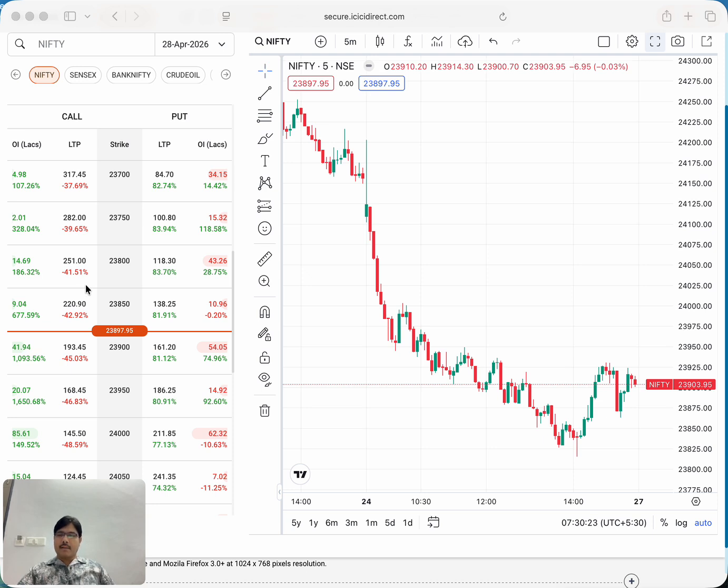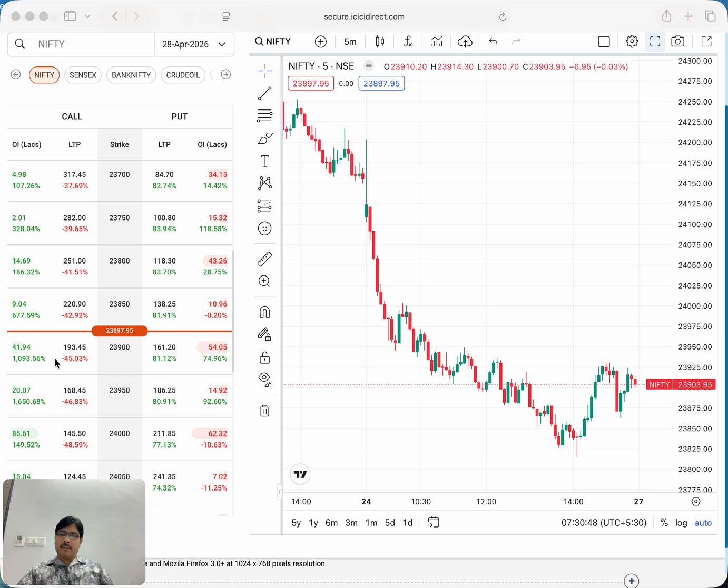And if you come downside, if you trade this, we call it out of the money. In out of the money, the premium value is divided into two parts. One is intrinsic value and the other is time decay. If it is reducing like that with respect to time, only intrinsic value will remain in the premium.